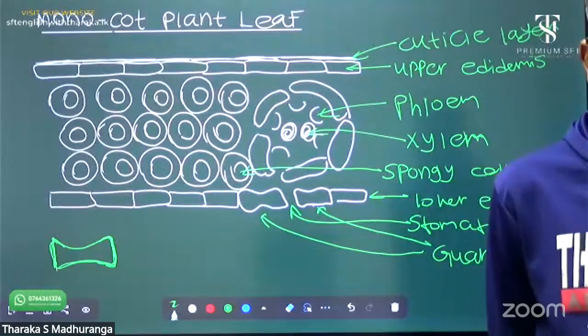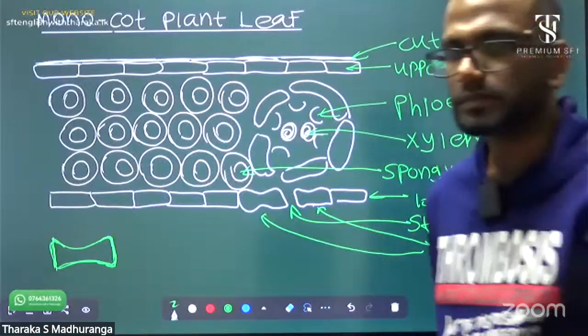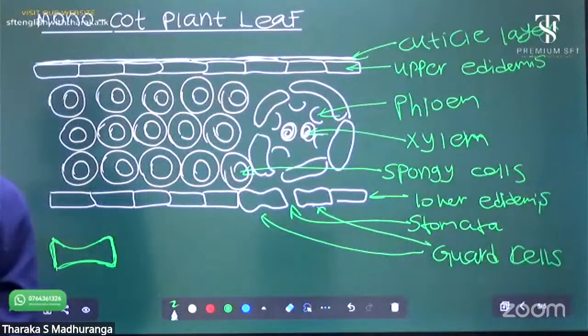Clear, right? No palisade cells for monocotyledon.